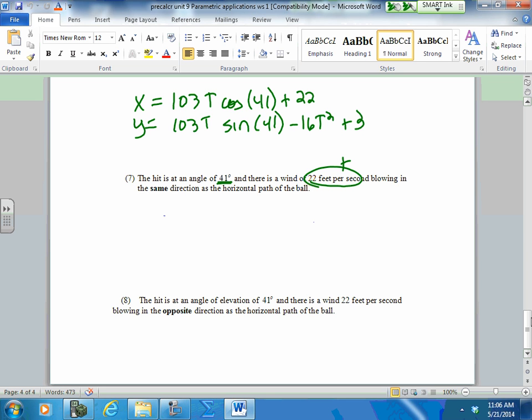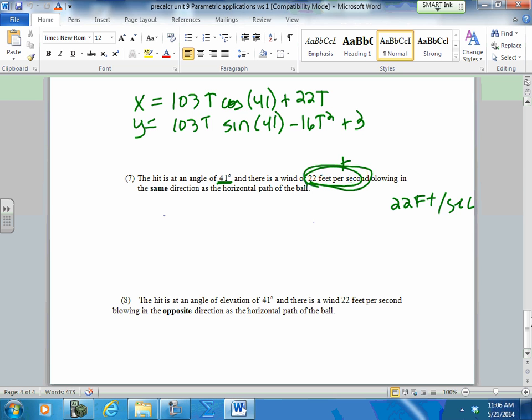But look how we write this. 22 feet per second, which means I have a time here. And which variable works my time? T. So I have to say 22 T, because my wind is also 22 feet per second.